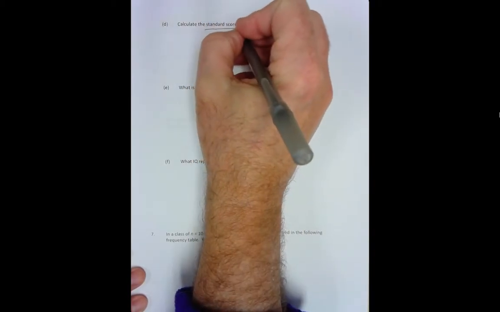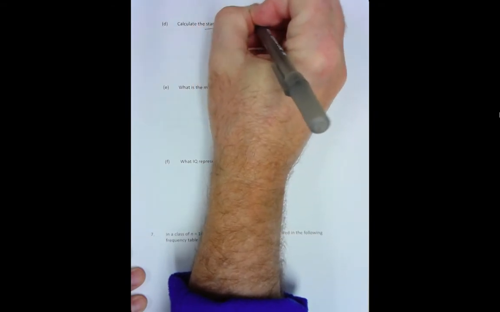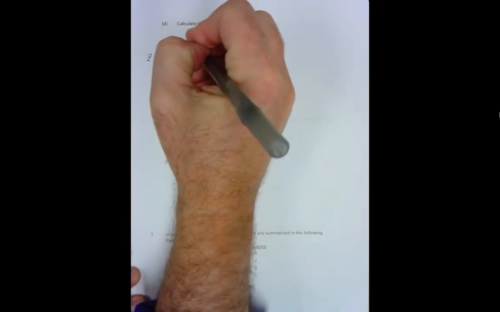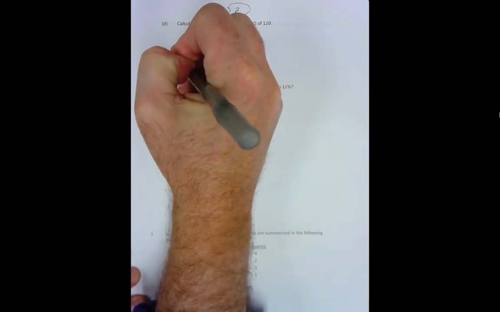I don't think this is going to take quite as long as I thought, or maybe not. Maybe so. Calculate the standard score. Guys, what does standard score mean? By now, you should know when you see that. You're calculating a z-score. The formula for a z-score is to take the raw score minus the mean over the standard deviation.